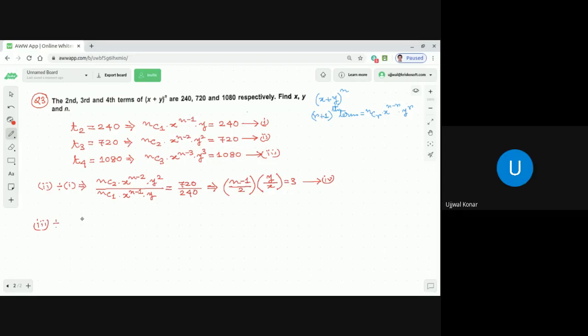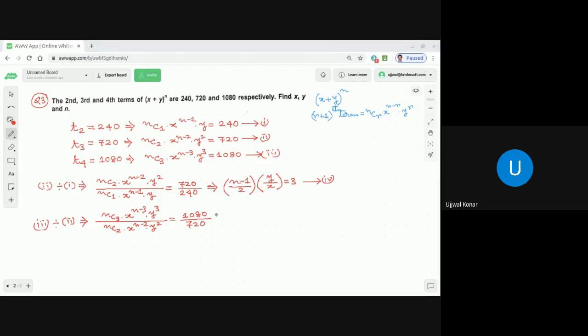Very good. Now what I'm going to do is equation 3 divided by equation 2, both sides. If I do that, what I'm going to get is nC3 into x to the power n minus 3 into y power 3 divided by nC2 into x power n minus 2 into y power 2, that is equal to 1080 divided by 720.